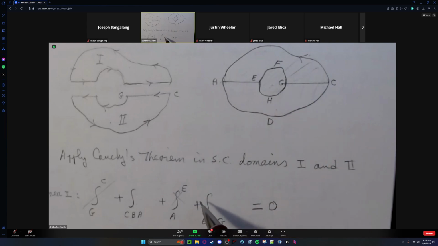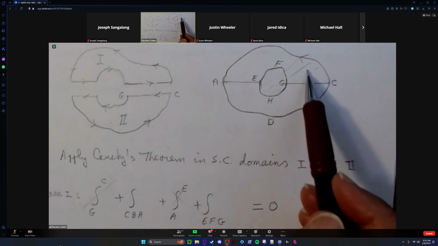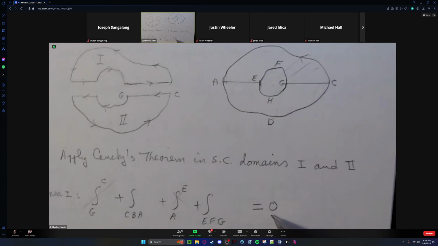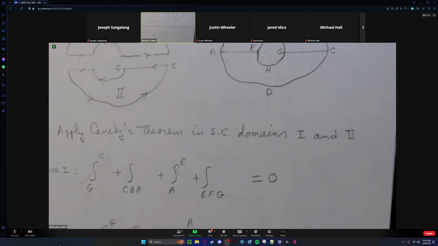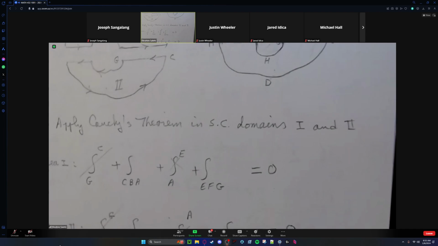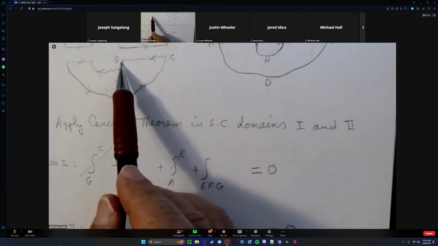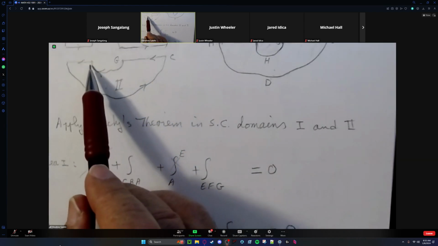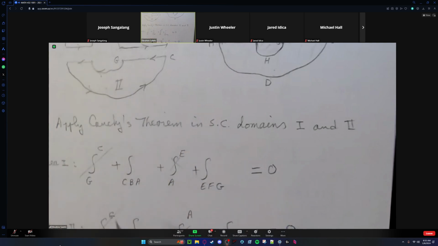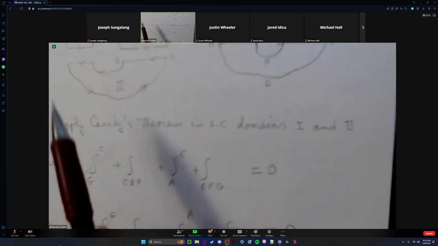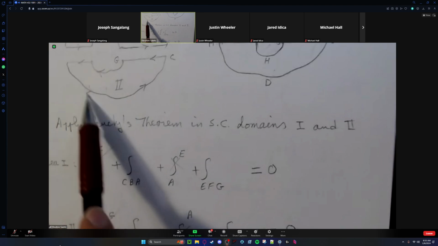Since there is no hole, based on Cauchy's theorem, the result is 0. Do the same thing for part 2. For part 2, you start counterclockwise, C to G, then this one, G, H, E, then this one, and so forth, all right?